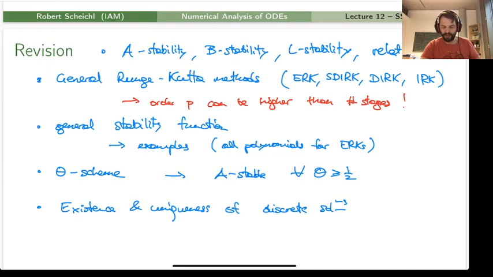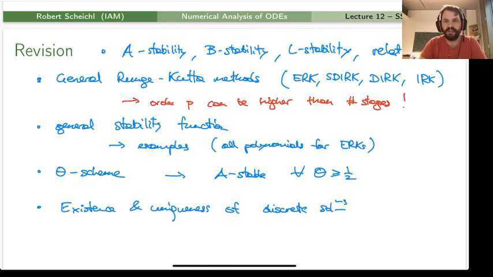And then we started looking at methods that are stable. In particular, we extended our definition of explicit Runge-Kutta methods to the full set of general Runge-Kutta methods in the most general sense, the IRK case, the implicit Runge-Kutta methods with full stage matrix A, and then the simplifications, the DIRKs, which are those where the upper right triangle of the stage matrix is 0.